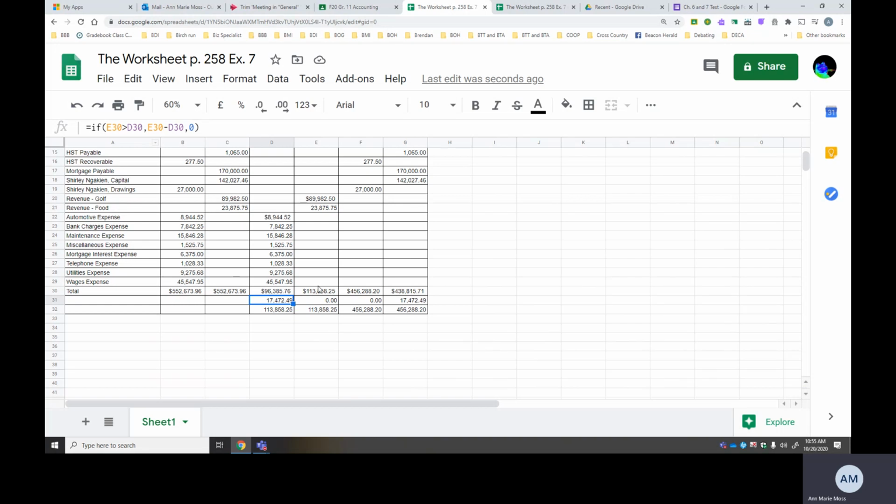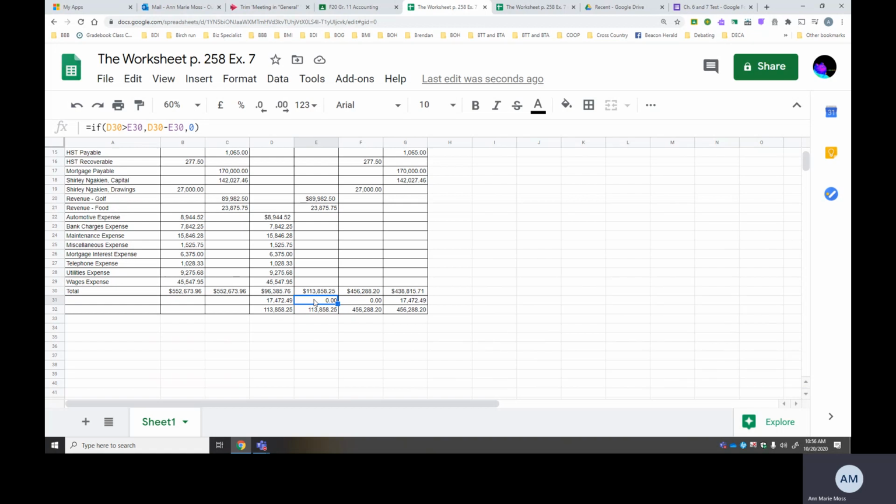So here it says if E30 is greater than D30, then if that's a yes, you're going to subtract D30 from E30 and put the number there. If that's not the case, then you'll just put 0 in here.